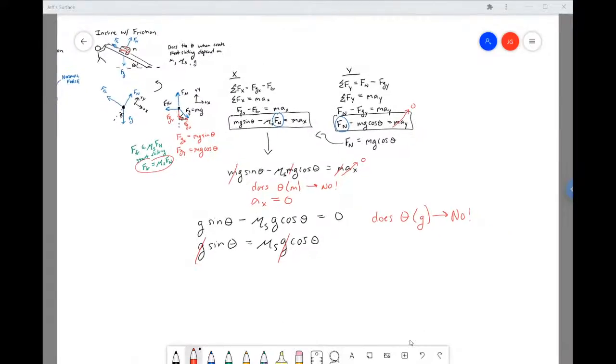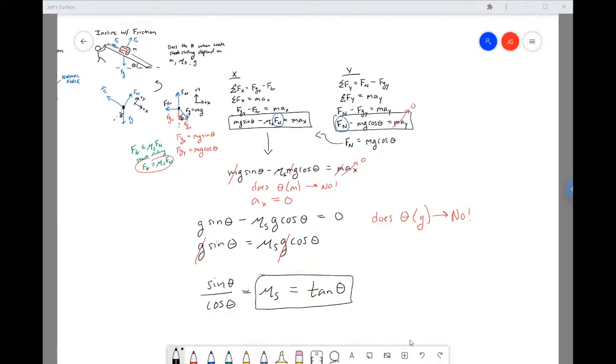So we have sine of theta divided by the cosine of theta equals the coefficient of friction. Sine over cosine is tangent of theta.